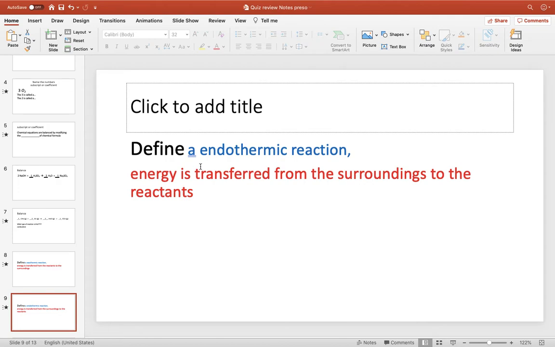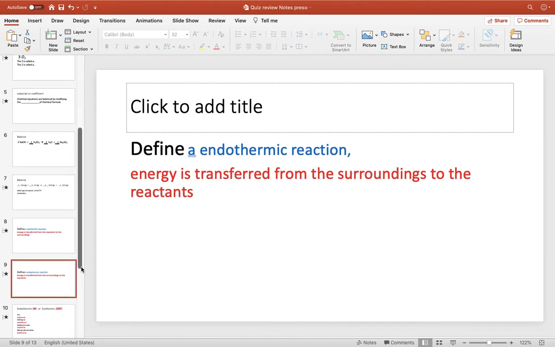Define an endothermic reaction. Energy is transferred from the surroundings to the reactants. Endothermic reactions are cold. Vinegar and baking soda, the reaction got cold. That was an endothermic reaction.